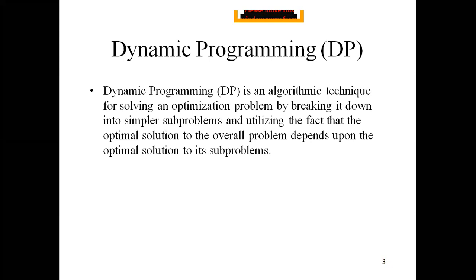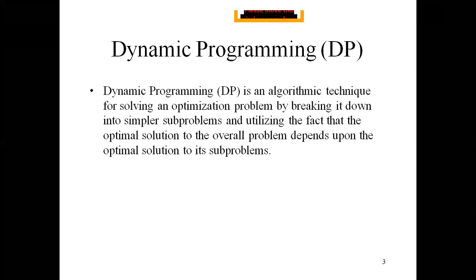We have different algorithmic techniques like divide and conquer and greedy algorithm, and in the same way we have the dynamic programming technique. What type of technique is this? Optimization problem solving. What is an optimization problem? Maximizing the value or minimizing the value.